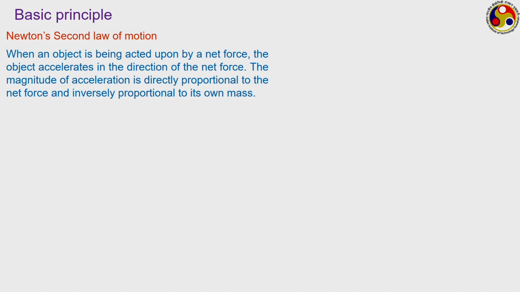And if we write it in mathematical form, force will be proportional to the rate of change of momentum of a body, d(mv)/dt, where m is the mass and v is the velocity of the body. If mass remains constant, we can also write this as m dv/dt, giving mass into acceleration.